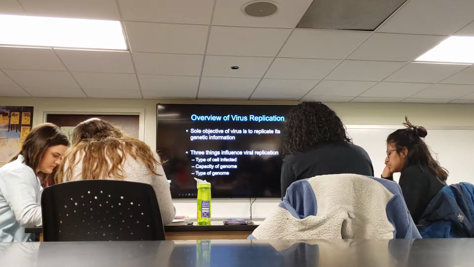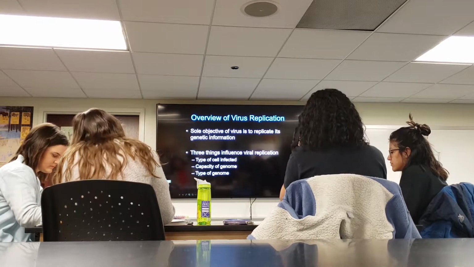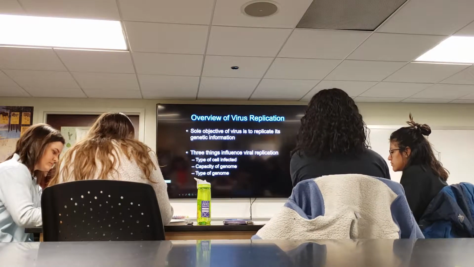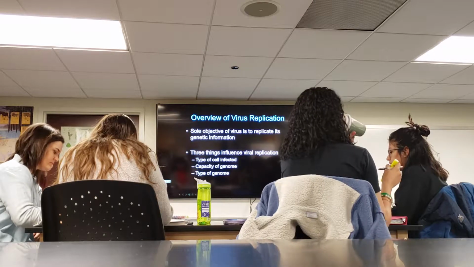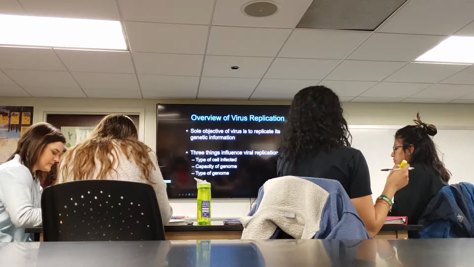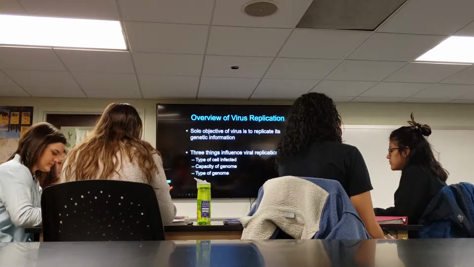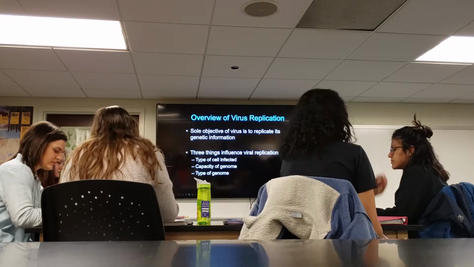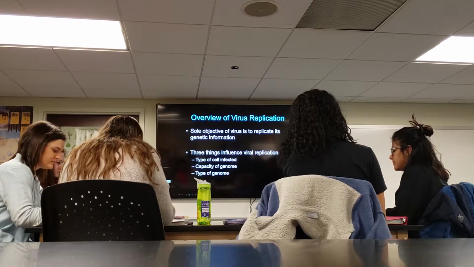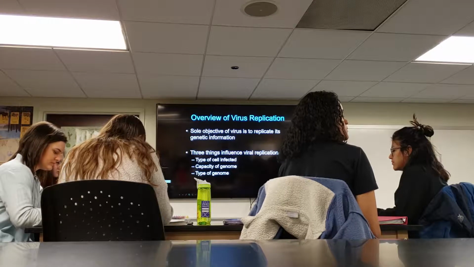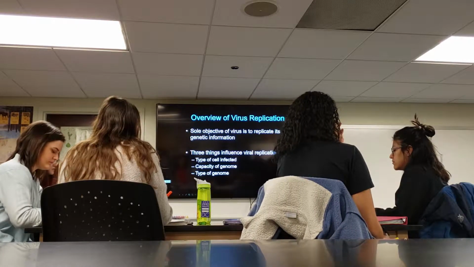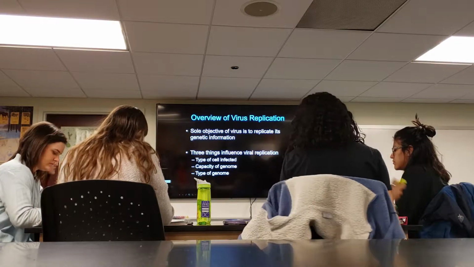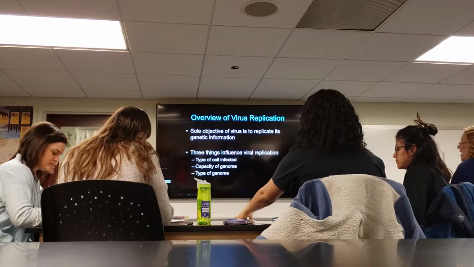The second thing that influences viral replication is the capacity of the genome. Remember in Chapter 3, we talked about the fact that viruses range pretty dramatically in the size of their genomes. Some viruses pretty much bring everything they need with them into the cell in order to replicate. These are your large viruses, your adenovirus, your herpes virus.